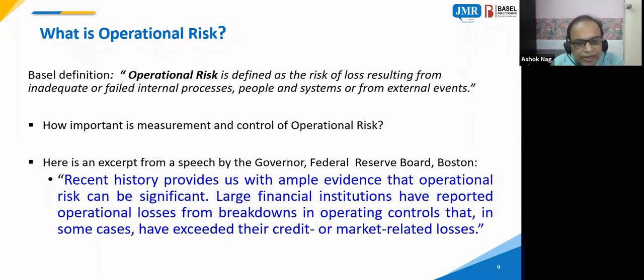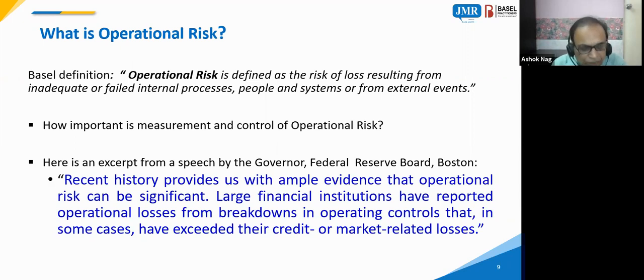Initially, when Basel I was introduced in 1988 and implemented in 92, it started only with credit risk, and very broad credit risk without a lot of differentiation between various types of borrowers. At that time they saw that credit risk is the most important risk faced by a bank, which may become insolvent if there is a lot of default by borrowers, and you should have adequate capital to absorb loss because of the default.